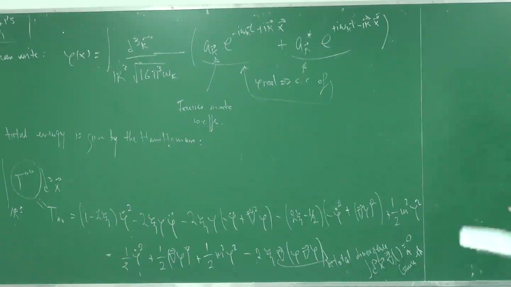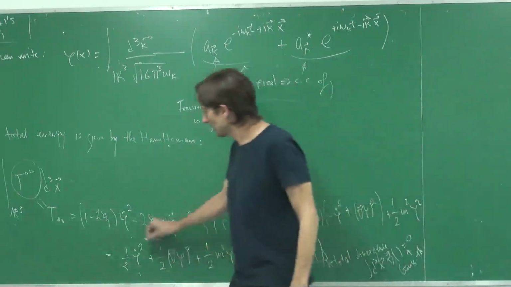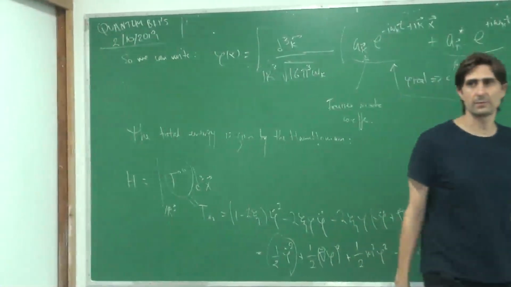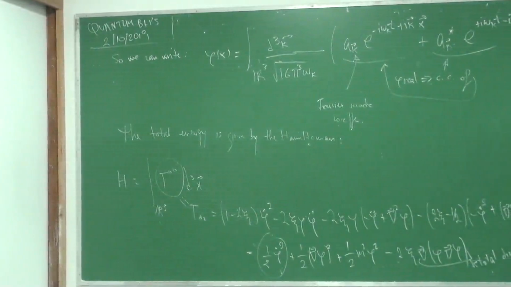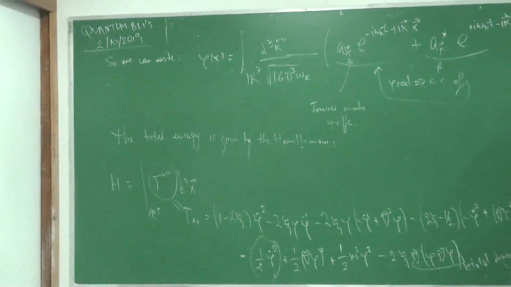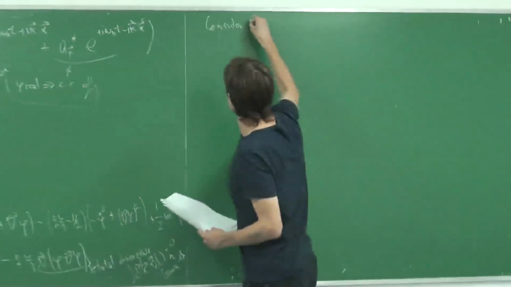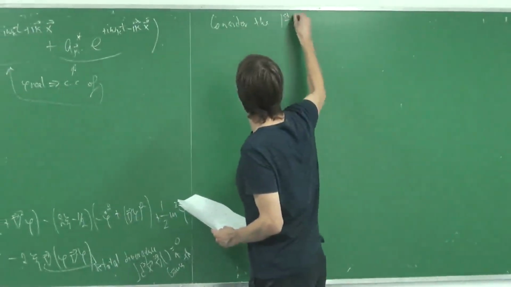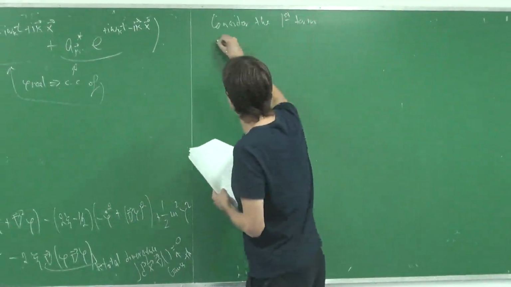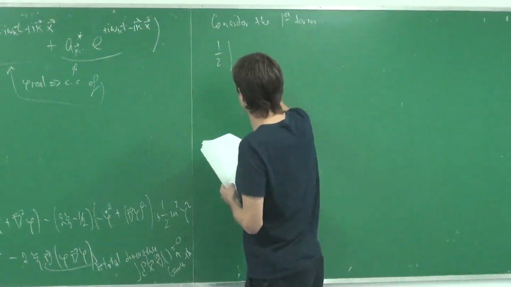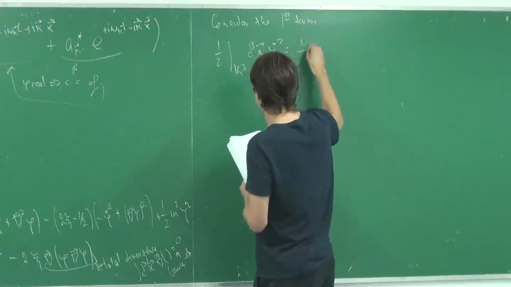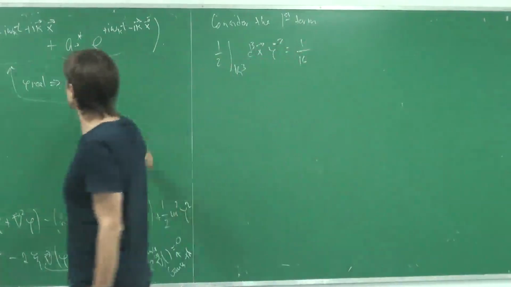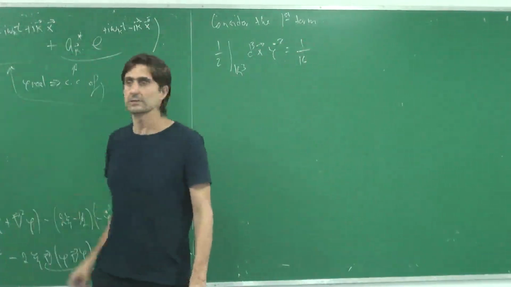So you have to integrate this now. We're just going to do in detail the first term. It's quite trivial, but let's do the first term. I'm not going to do the other ones. Okay, so we have to put in all this lot in there.